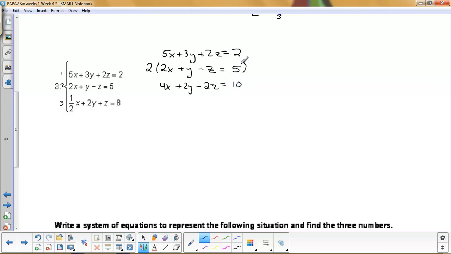I'm going to use linear combination to combine this into a single equation. 5 plus 4 is 9x. 3 plus 2 is 5y equals 12.